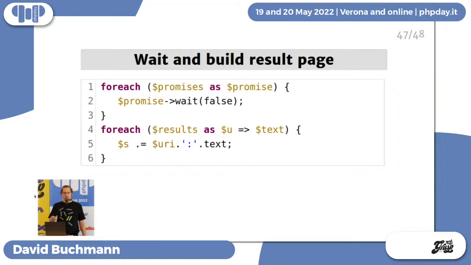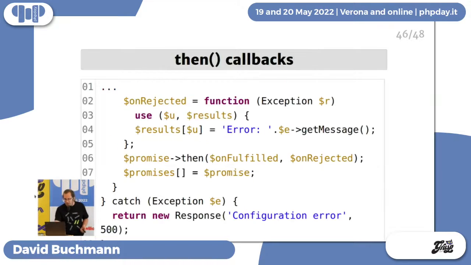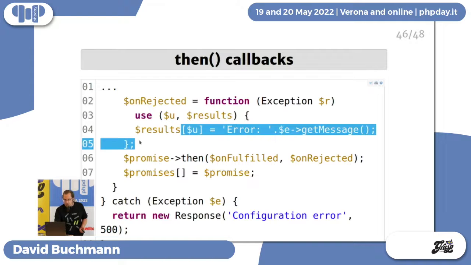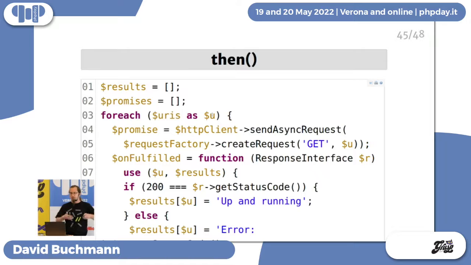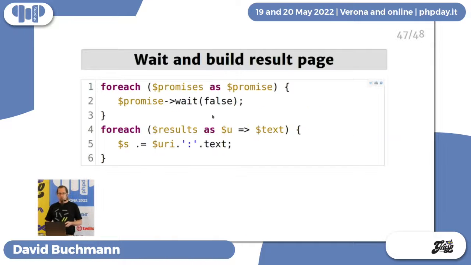And then in the end, we still have to wait for the promises to resolve so that we are sure that all of that gets executed. And once that's all executed, we will have the results, which we have in the callbacks. So the result is passed into the callback. The callbacks fill the result array, and then our calling code can access all the results there.